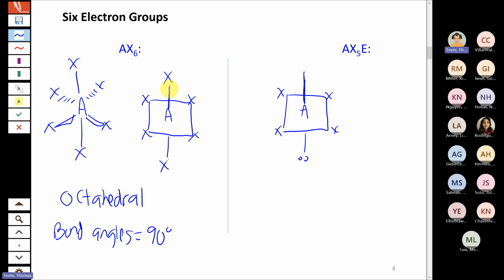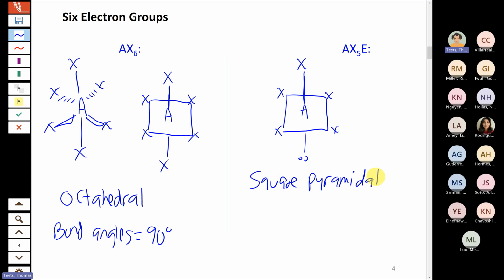There's the one that is behind. That's probably better to do it. All right, but anyway, that's what we get. So a square base with one capping atom, so we call it square pyramidal.